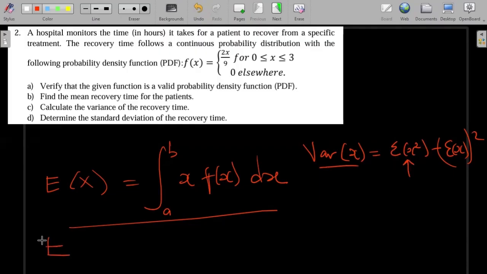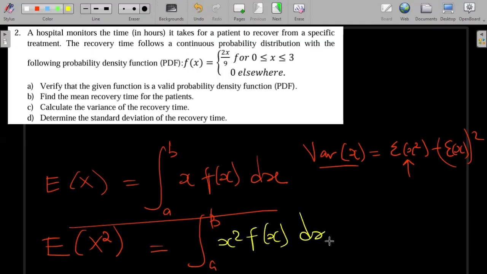It is the same thing as the formula above, but where there's x, we put x squared, and then we say our function f of x and then dx. And then we know that the standard deviation is always the square root of this same variance.